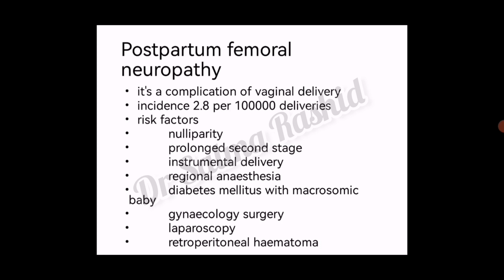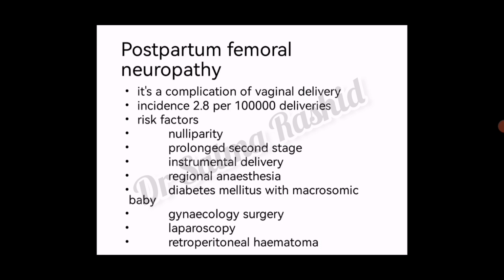This is very important: postpartum femoral neuropathy. It is a complication of vaginal delivery. Its incidence is 2.8 per 100,000 deliveries. Risk factors are nulliparity, prolonged second stage, instrumental deliveries, or regional anesthesia. Regional anesthesia, such as spinal or epidural, predisposes to development of femoral neuropathy through loss of pain signals that would prevent excessive hip hyperflexion.